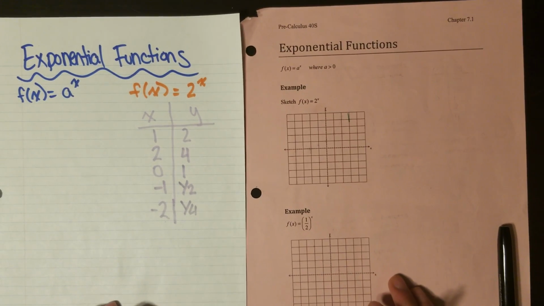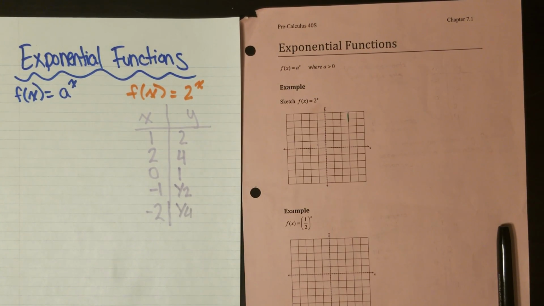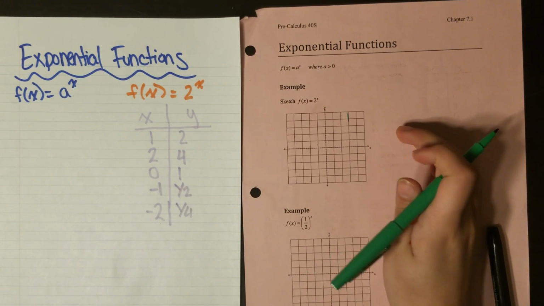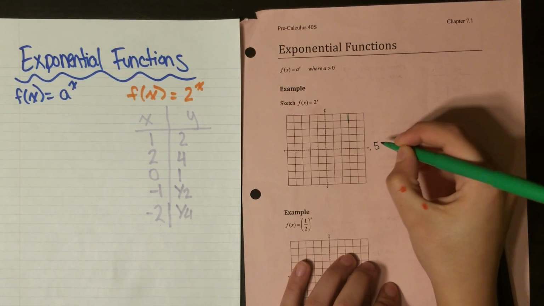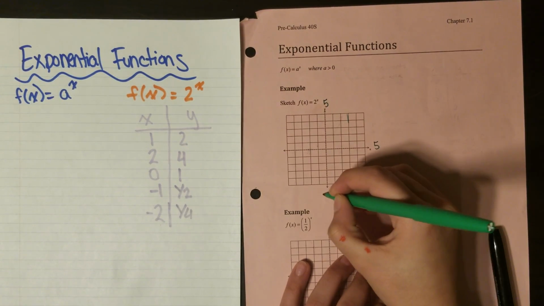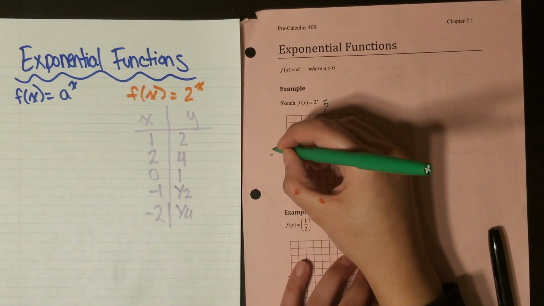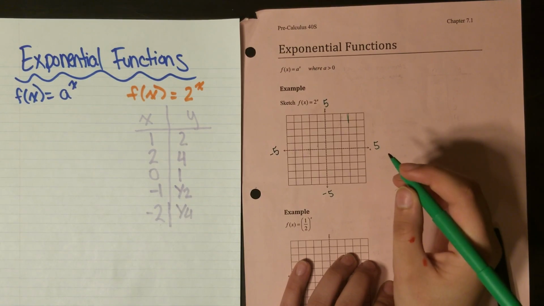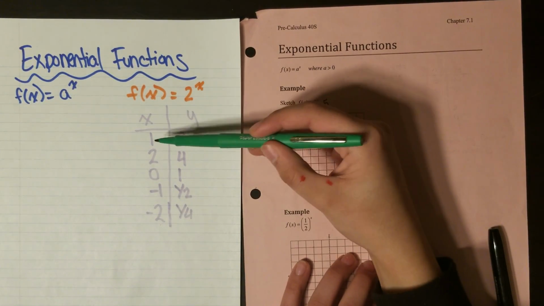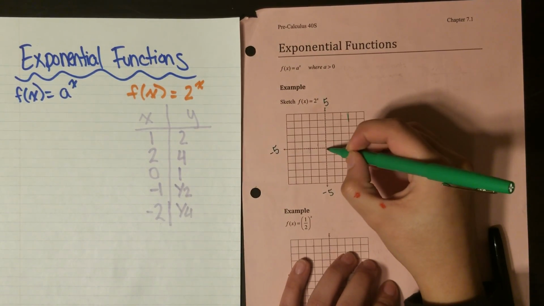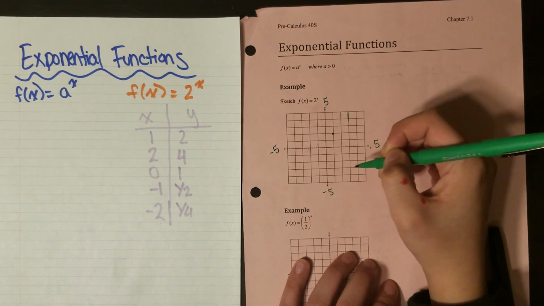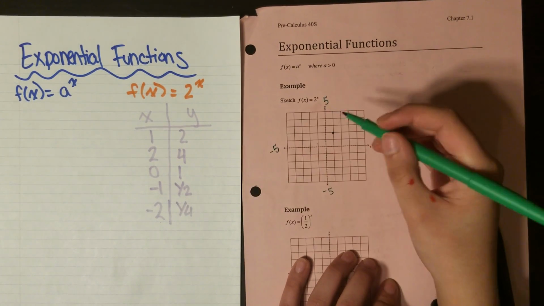So now I'm going to go to my graph and graph this function. Okay, so I'm going to make this on a scale of 5. So it's going to be 5, 5, -5, -5. Okay, so my first point is at 1 and 2. My next point is at 2 and 4.